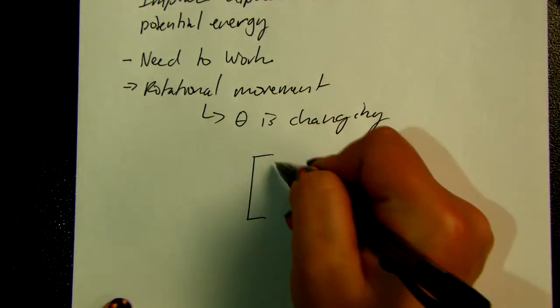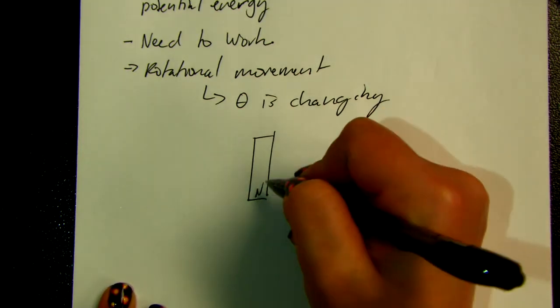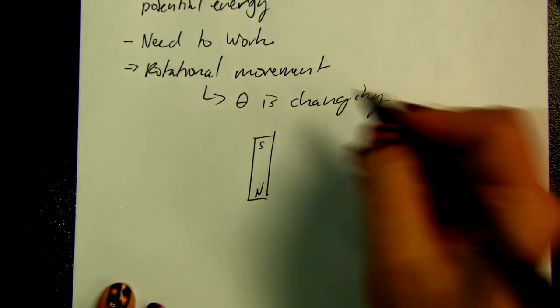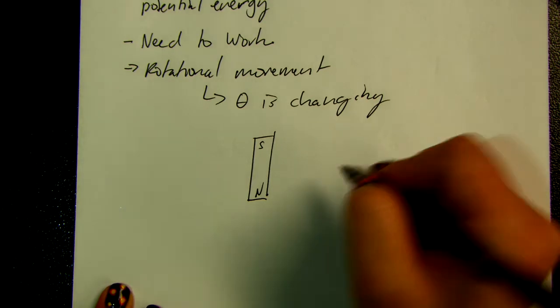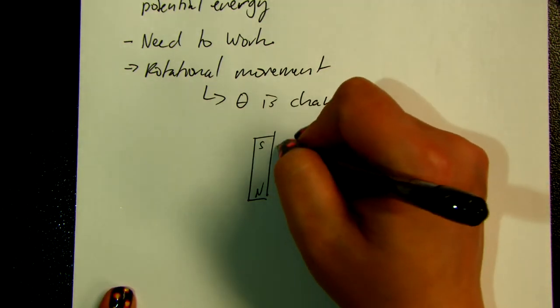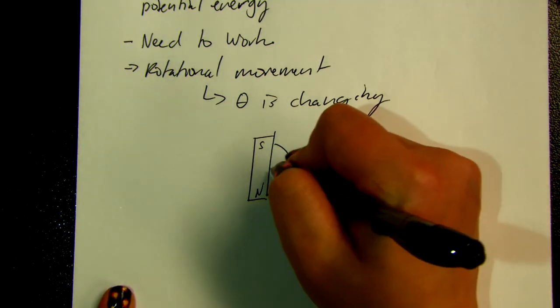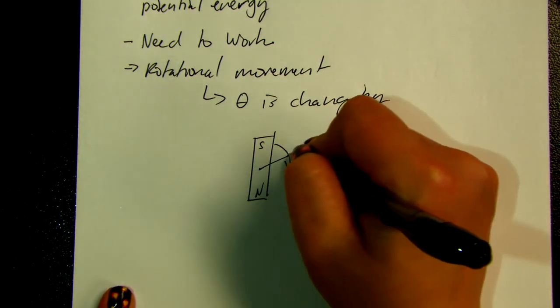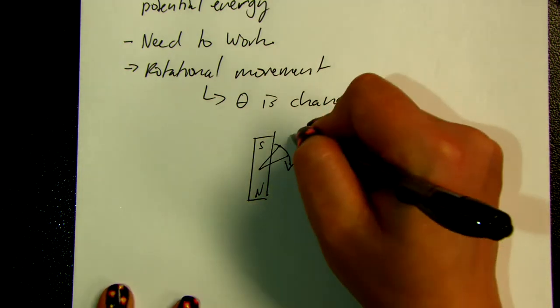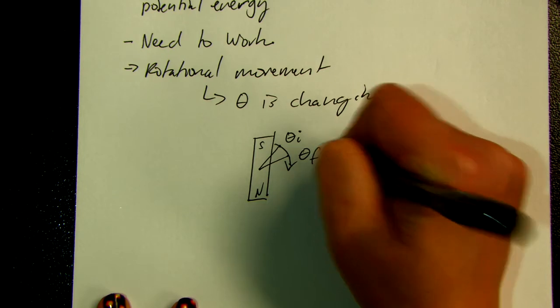So we've got our bar magnet, which is essentially just a magnetic dipole, and it's allowed to move so that it can align with whatever field it wants. And so it's going to move through some angle theta. We want to see what happens as it goes from theta initial to theta final.